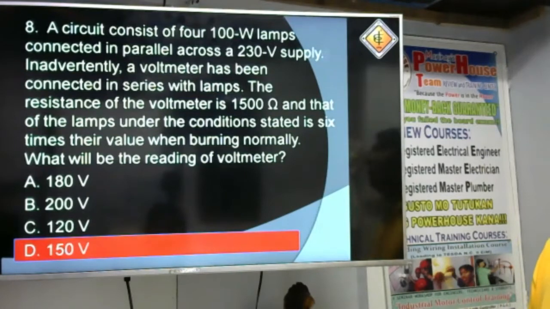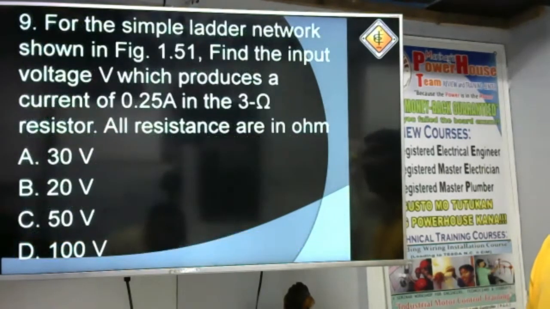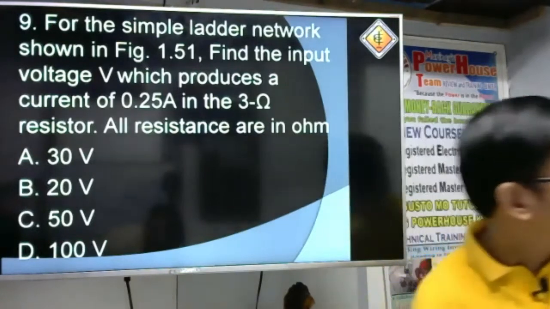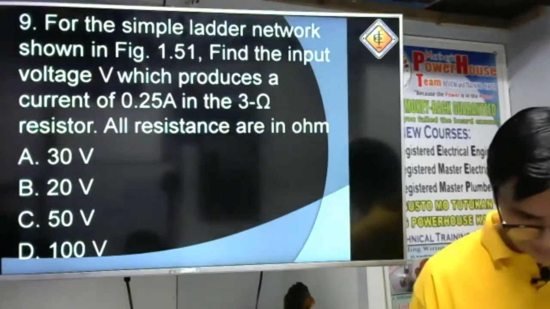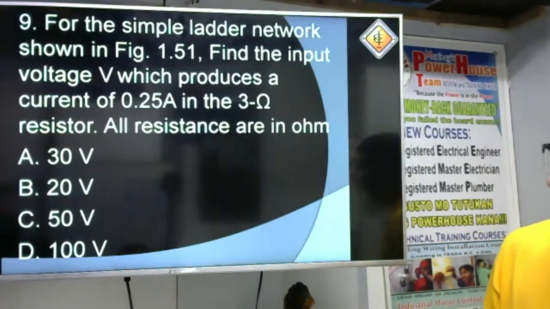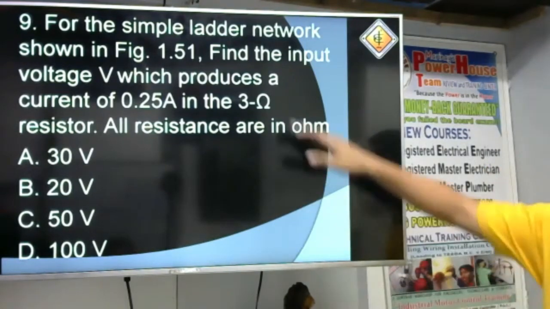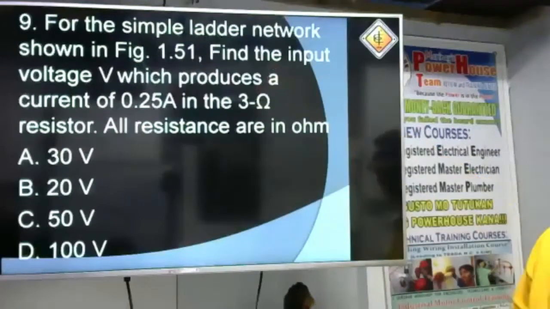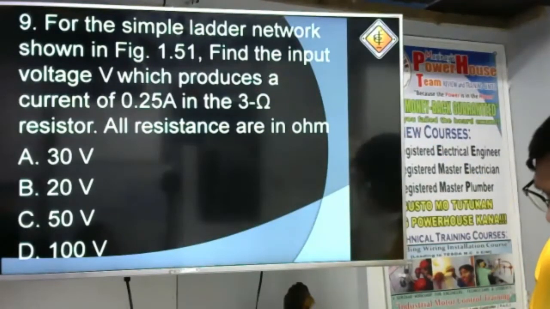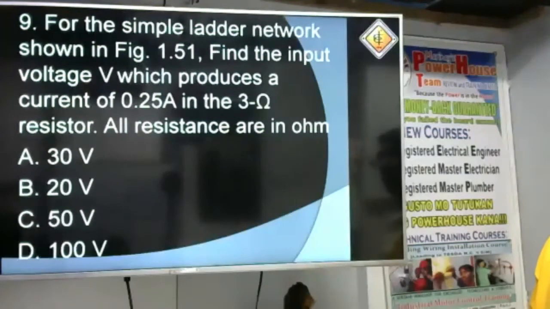Let's have now number 9. I have to draw first our circuit for the number 9 problem. A simple ladder network. Find the input voltage V which produces the current 0.25 ampere in the 3 ohm resistance.